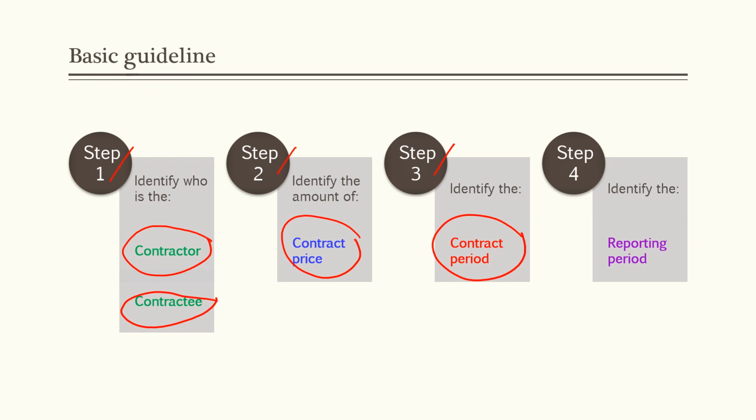Another important information is that we must be able to identify the reporting period for the contractor so that we can report the accurate amount for that particular period. There is also other important information that we need to identify. However, these are the basic information that we must know in order to prepare the answer.